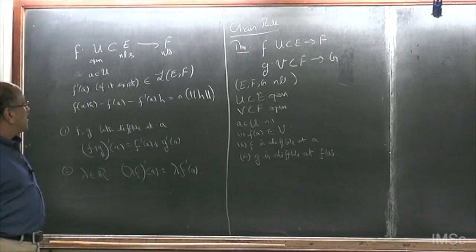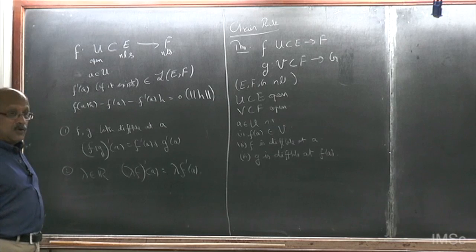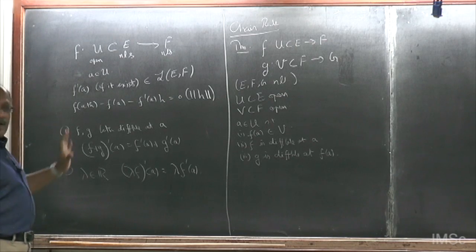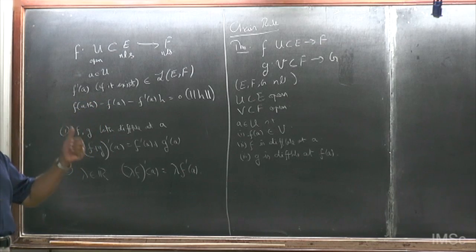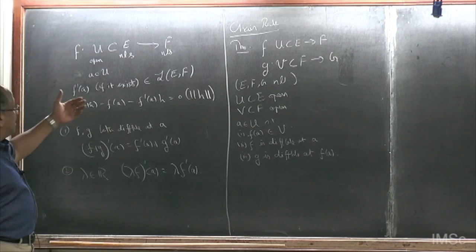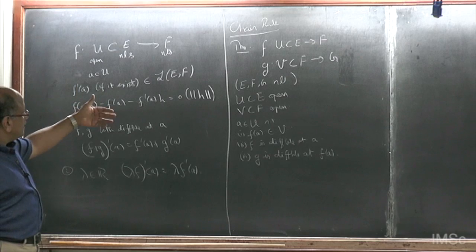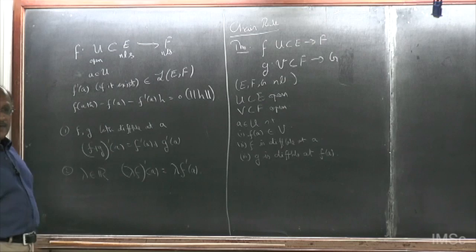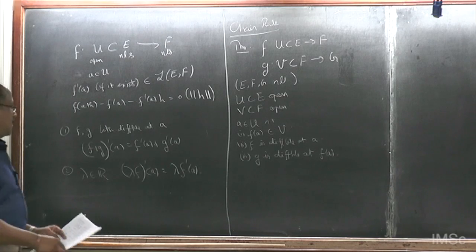So A is a set point on the open set U where f is defined, and f(A) falls inside the set where g is defined, and f is differentiable at A and g is differentiable at f(A).